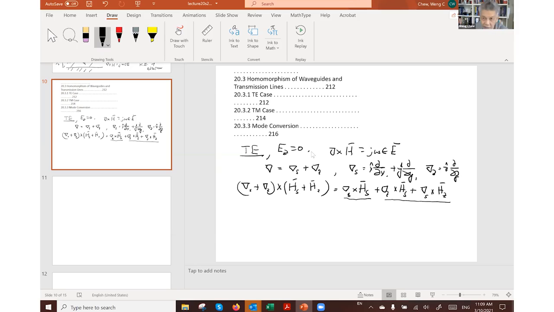And hence, I can write Ampere's law in this manner: del_z cross H_s plus del_s cross H_z must be equal to j omega epsilon E_s. I'm just picking up the transverse component.